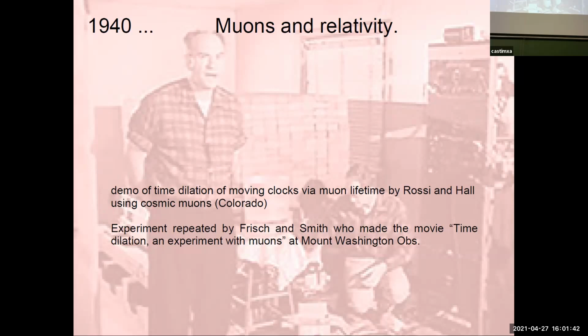The measurement of their time dilation, that they live much longer than 2.2 microseconds as measured from the rest frame of the Earth, looking at these moving clocks in the cosmic radiation, was an important verification of time dilation. And the only reason we see muons at sea level is because of time dilation. Without time dilation, they would have decayed before they reached sea level.